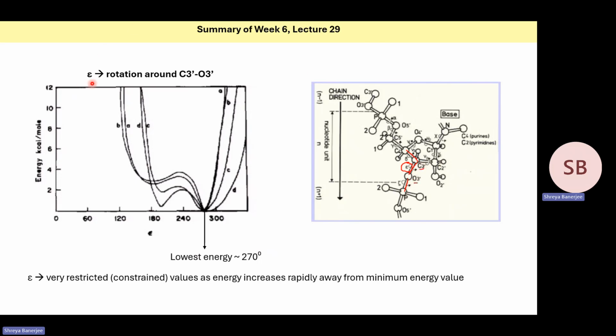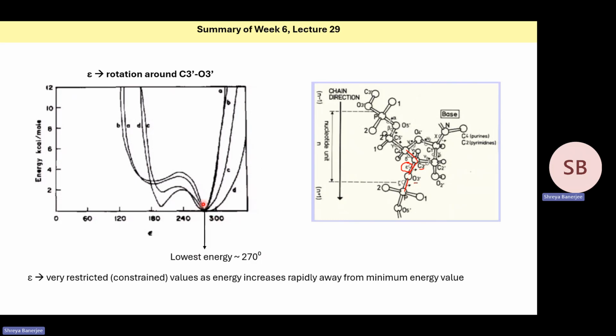This epsilon value is very restricted or constrained. It is around 270 degrees. So this is a simulated curve where the epsilon angle has been varied from 0 to 360 degrees. And it is seen that at the 270 degree value of epsilon, the DNA structure has the lowest energy. But as you change the value of epsilon, the energy increases very rapidly.